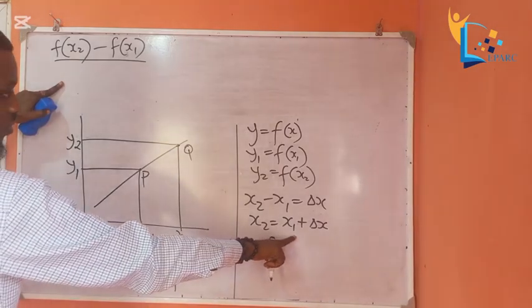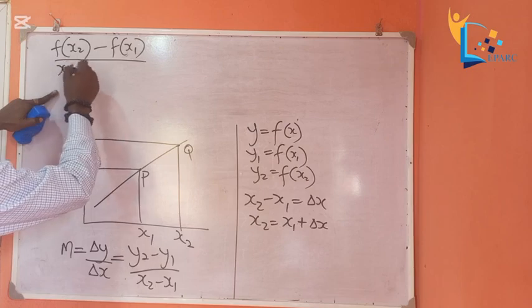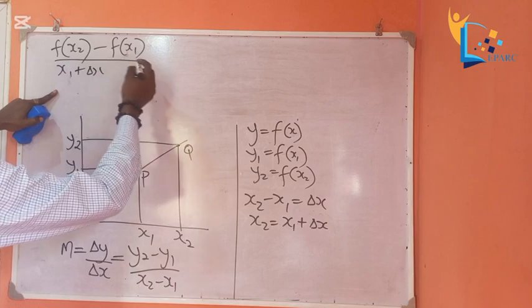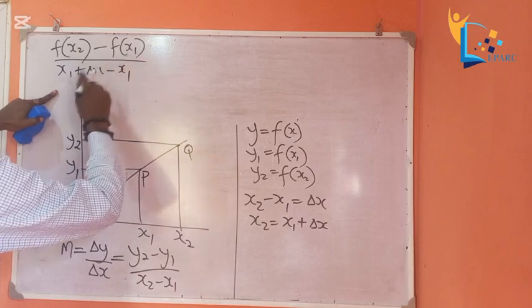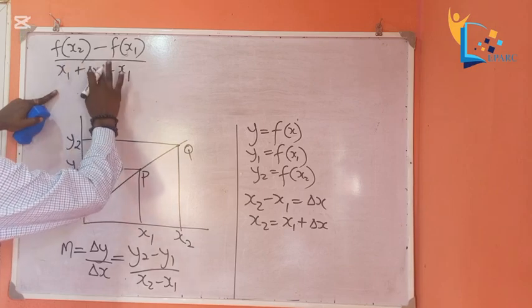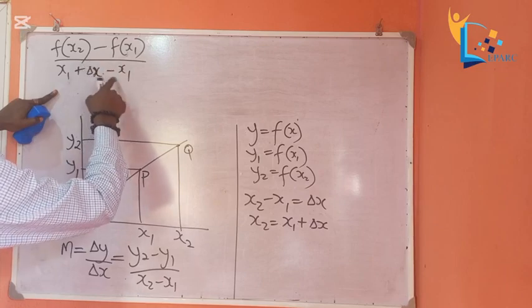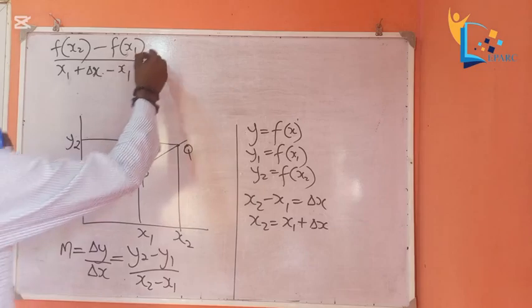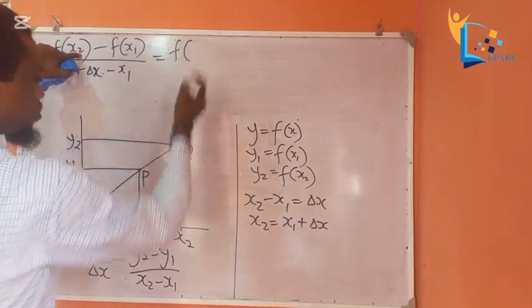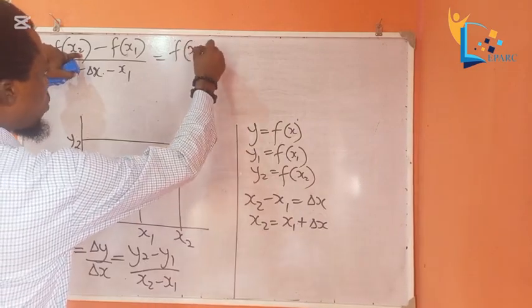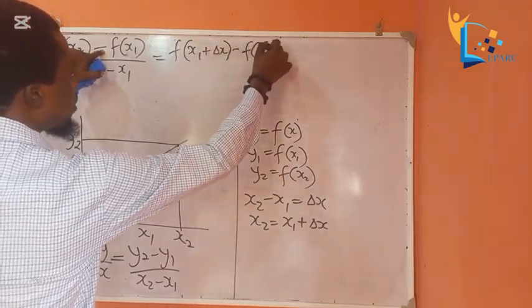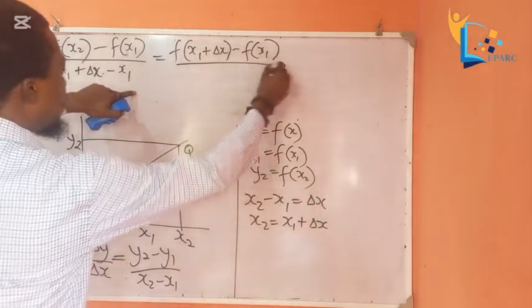Now X2 is X1 plus the change in X, so we have f of X1 plus change in X, minus f of X1, all over X1 plus change in X minus X1.